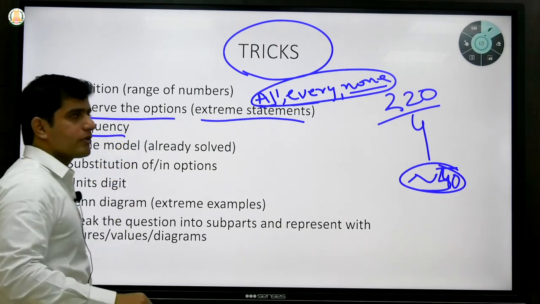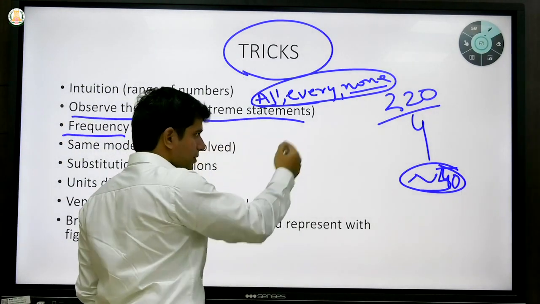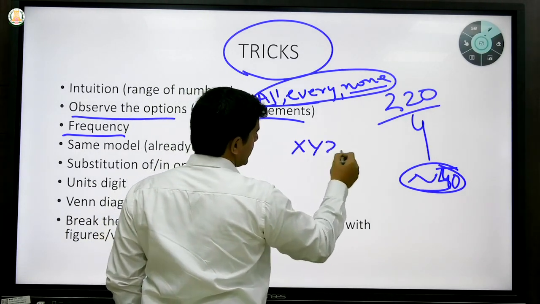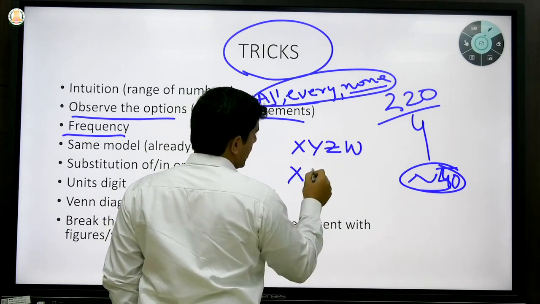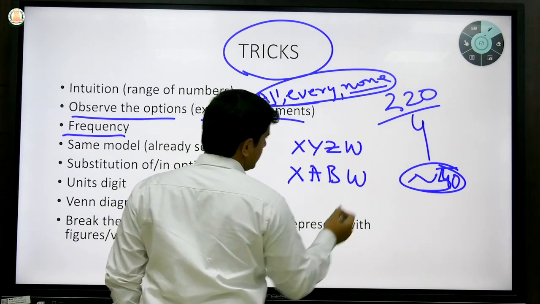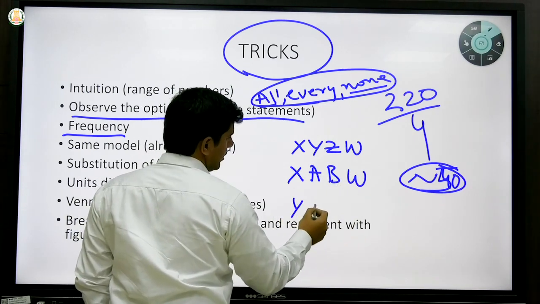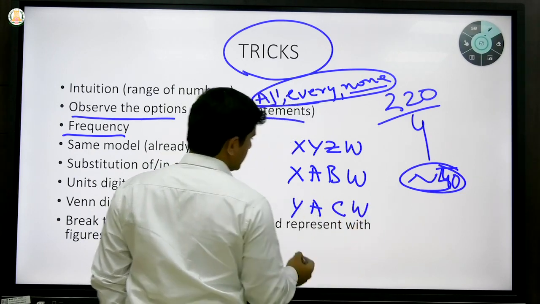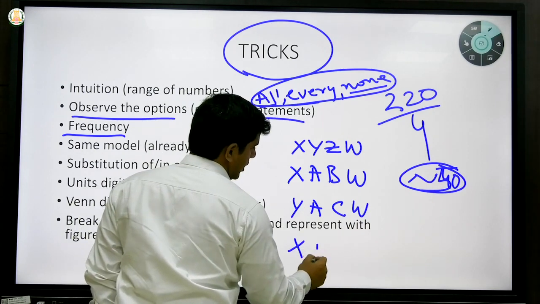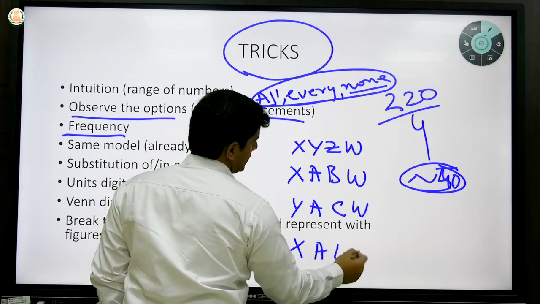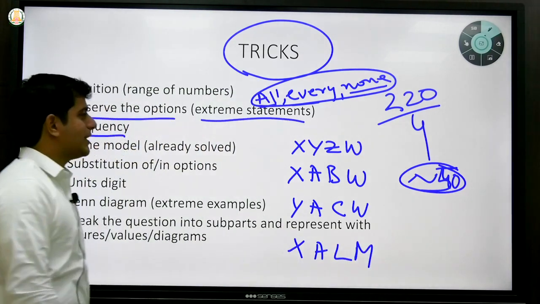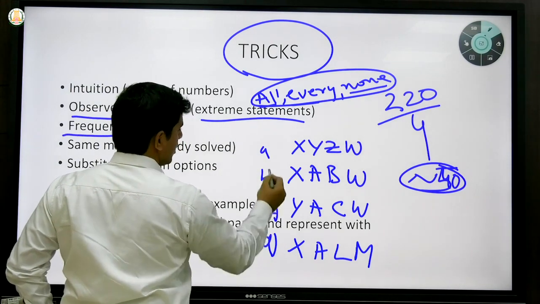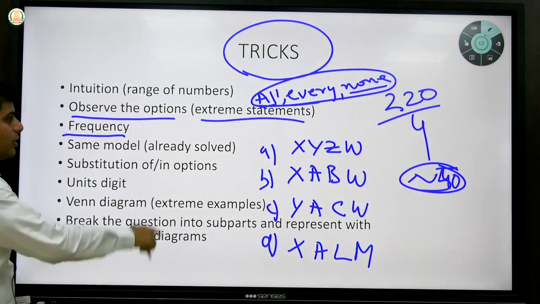Next is frequency. This also we have seen, in the options. Let's say, I don't know the question, but I'm telling you, let's say X, Y, Z, W, then X, A, B, W, then you have Y, A, C, W, then you have X, A, L, N. Let's say this is option A, option B, option C, and option D. Now I don't know the answer, I only know the options.